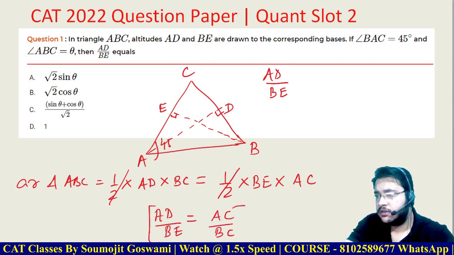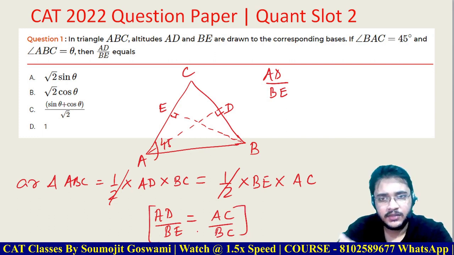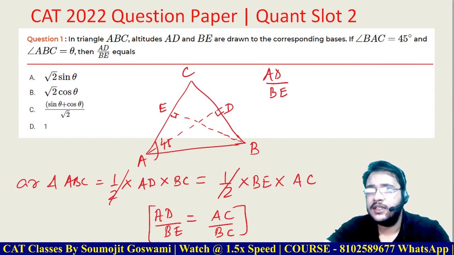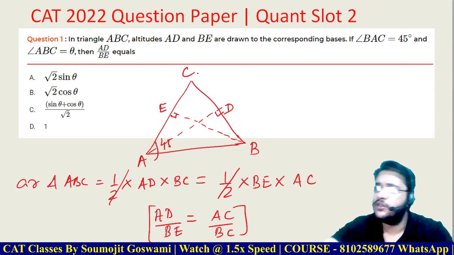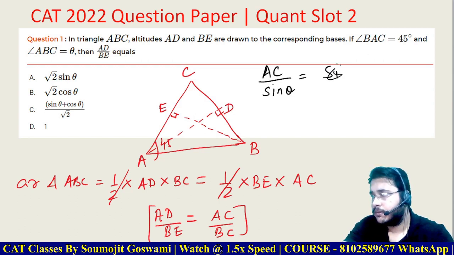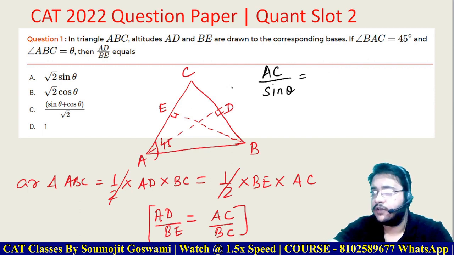Now, so far so good. If you've been able to come thus far, the problem is solved. The only idea that I need to work with is the sine rule for a triangle. This is a very interesting and very intuitive idea. Sine rule basically says that AC upon sine theta will be equal to BC upon sine 45.